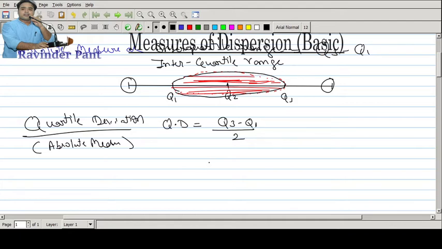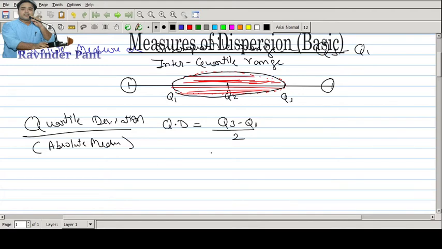So this quartile deviation will give you the average amount by which these two quartiles differ from the median. Considering it as a symmetric distribution, I hope you remember the concept of symmetric distribution, wherein your mean, median and mode all are lying at the same place. In this symmetrical distribution, these two quartiles, Q1 and Q3, are equidistant from the median.